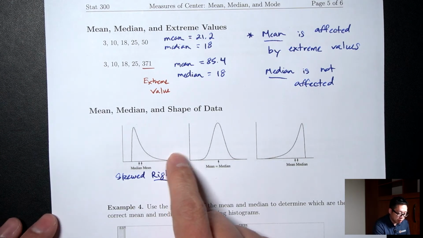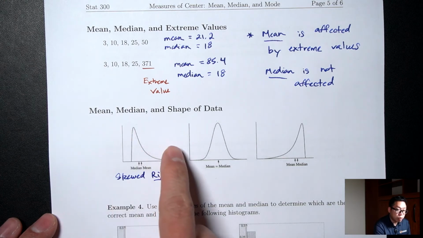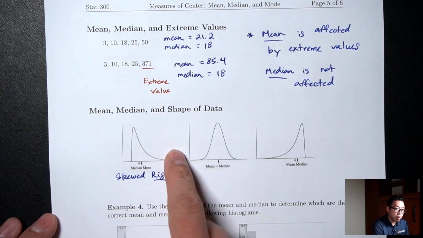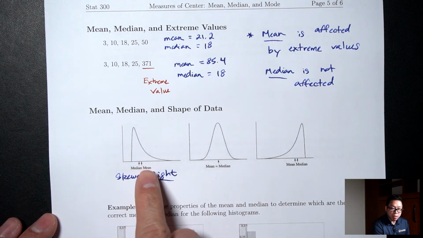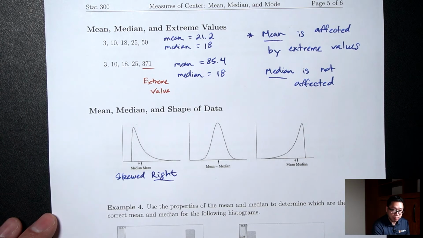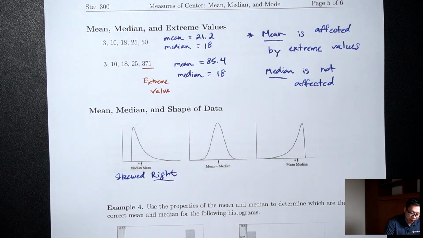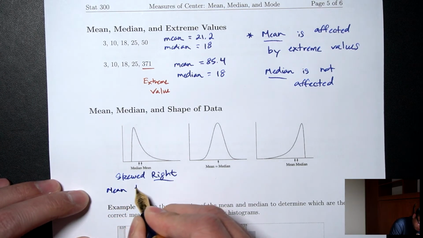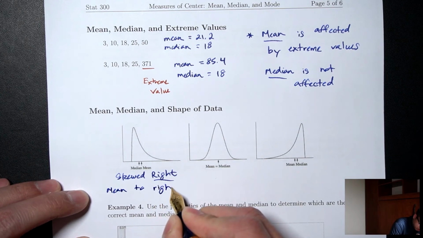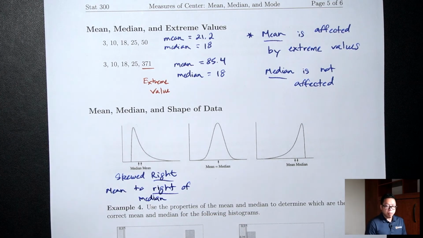The extreme values will pull the mean upward towards it, which is why you get the mean to the right of the median. Okay, so when data is skewed right, the mean is to the right of the median.